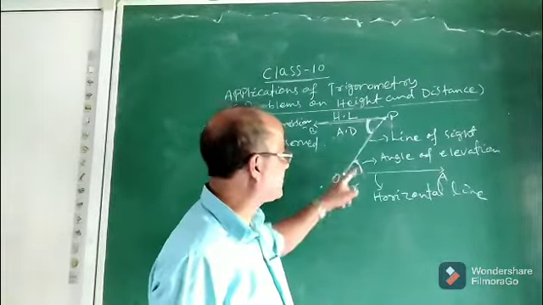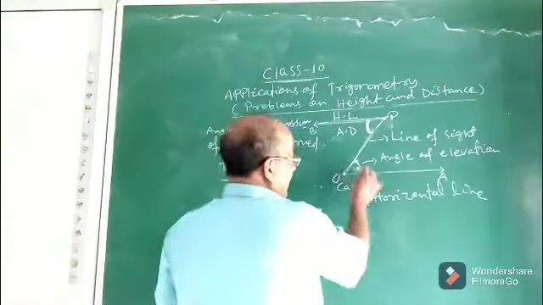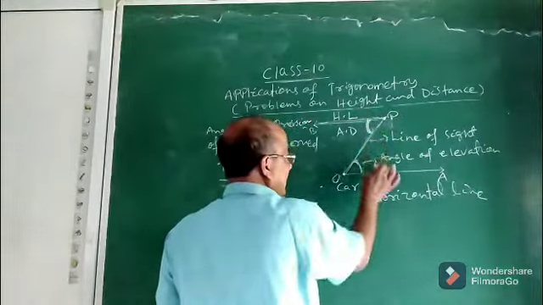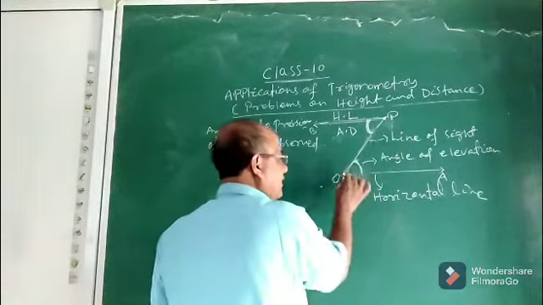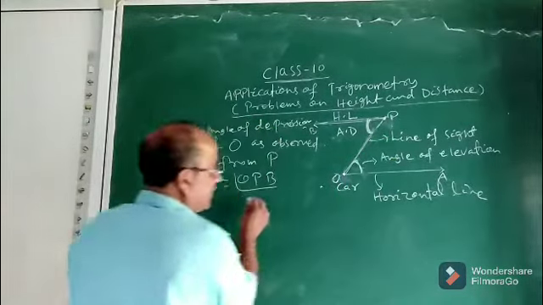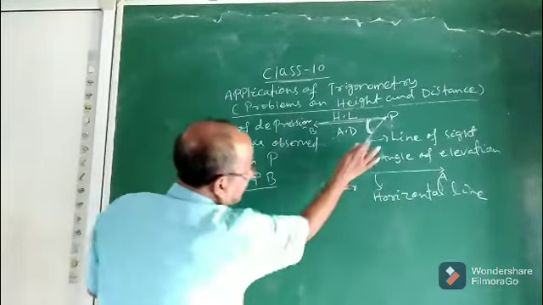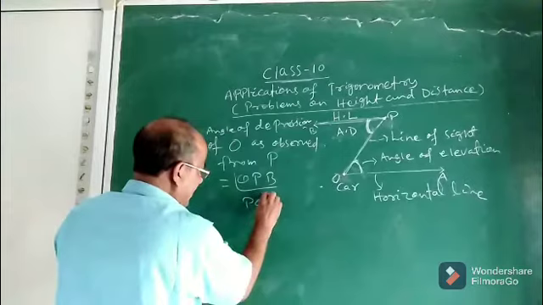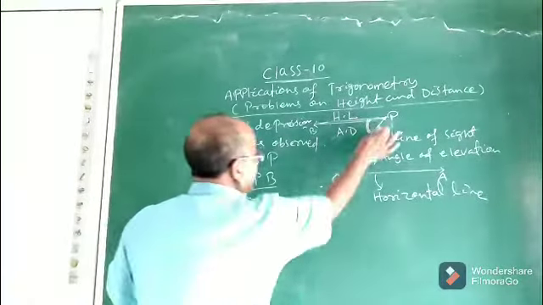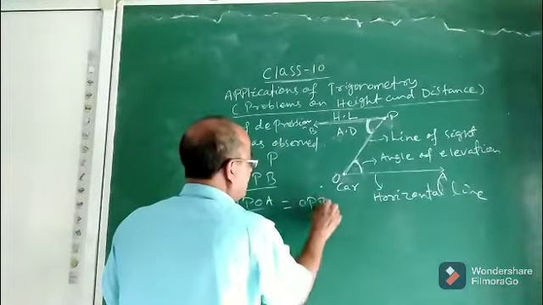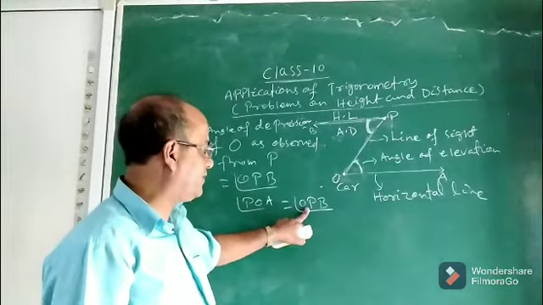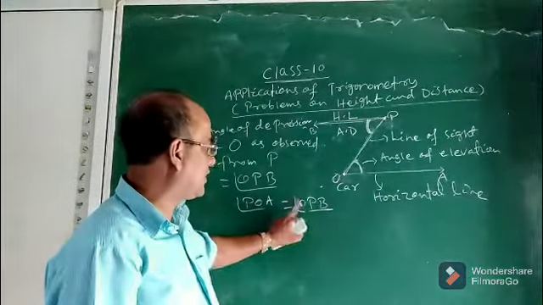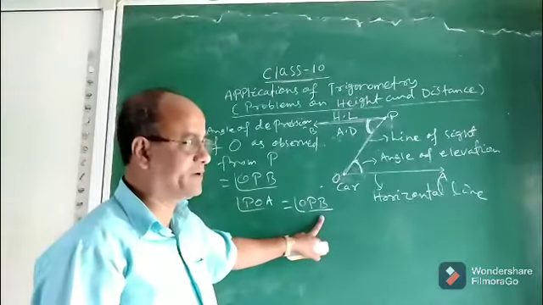That means the angle of elevation of P at the point O is equal to the angle of depression of O at the point P. What I mean to say is, angle POA must be equal to angle OPB. Angle POA is the angle of elevation, and angle OPB is the angle of depression. So the angle of elevation must be equal to the angle of depression.